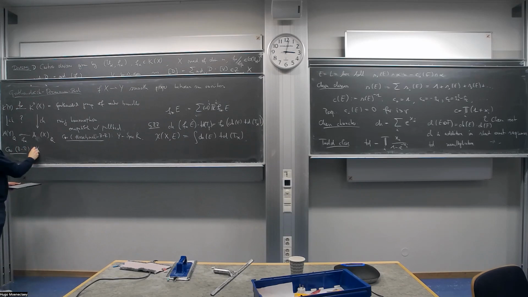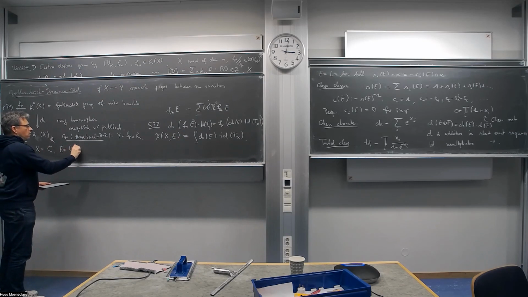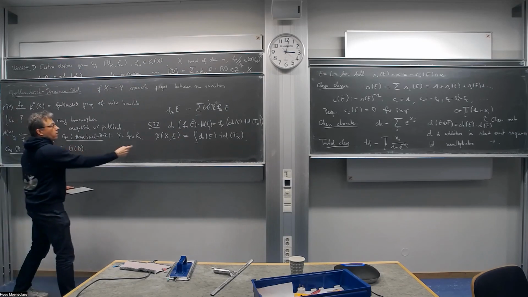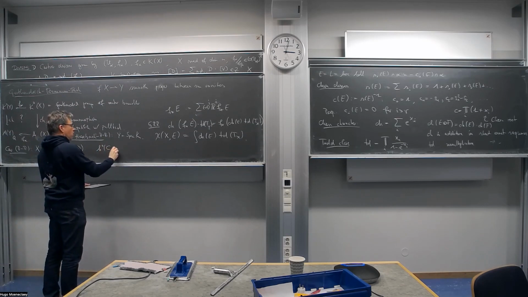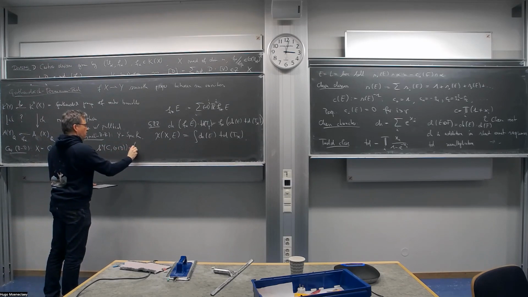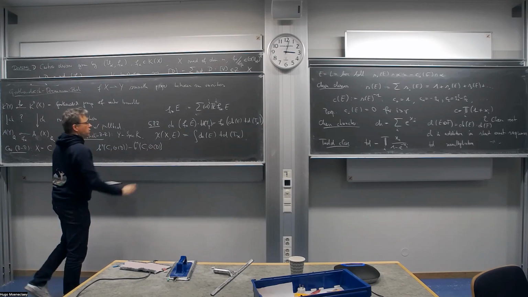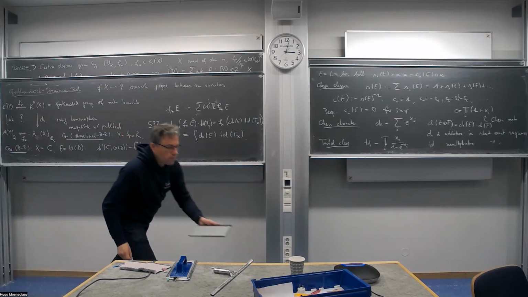So on a curve, let's say E is a line bundle given by a divisor D. Then on this side we have the number of sections of O(D) minus h^1 of O(D). And what's on the right hand side?